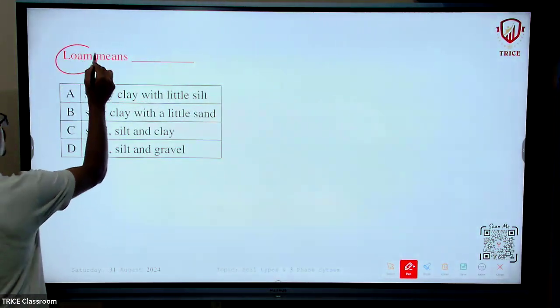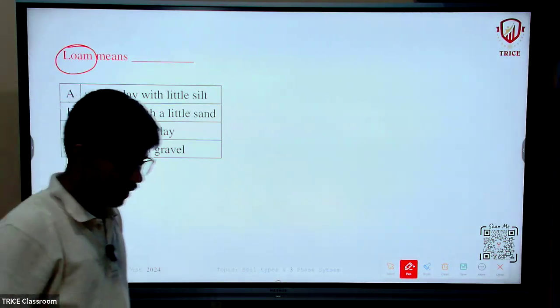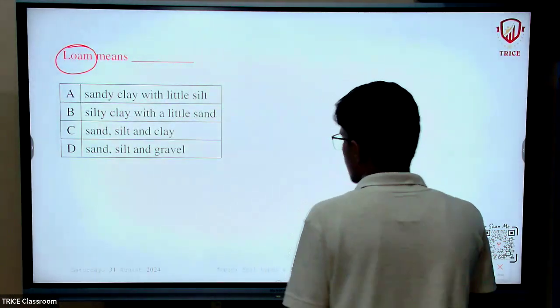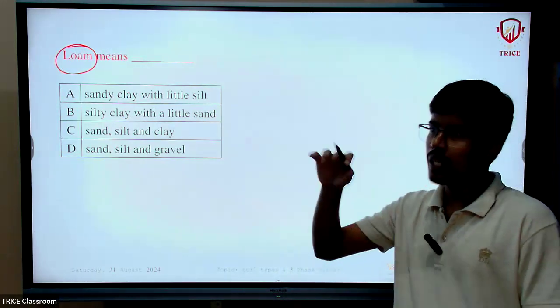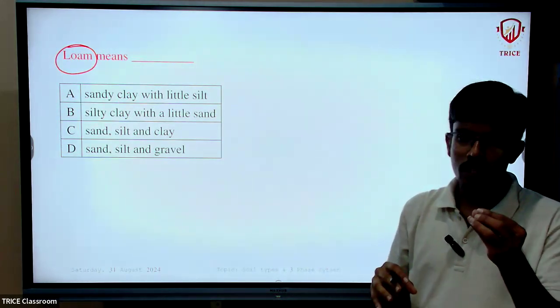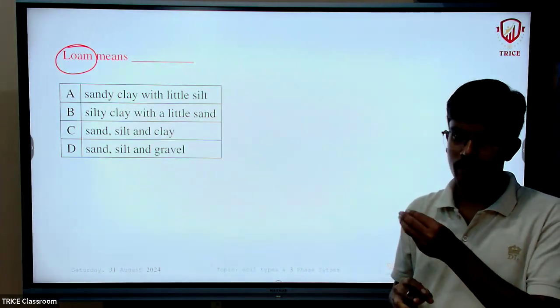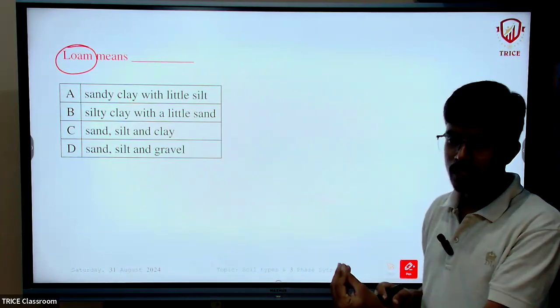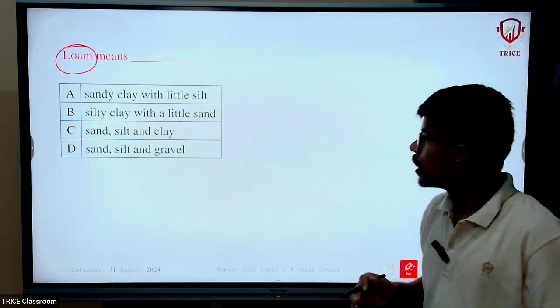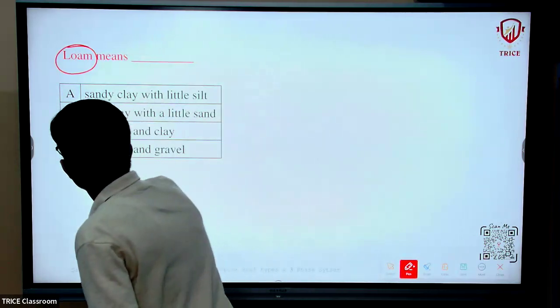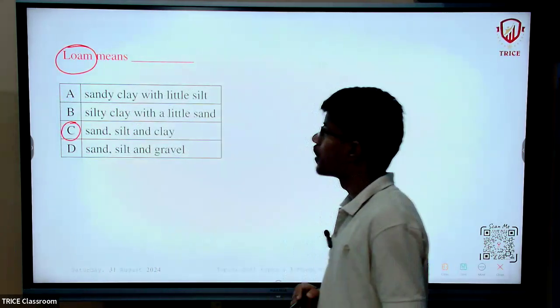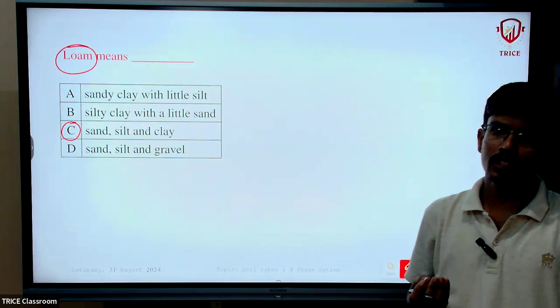Loam soils come under the classification of well-graded soils. They contain all the particle ranges, starting from sand, silt and clay. So here we have option C, the loam soils.